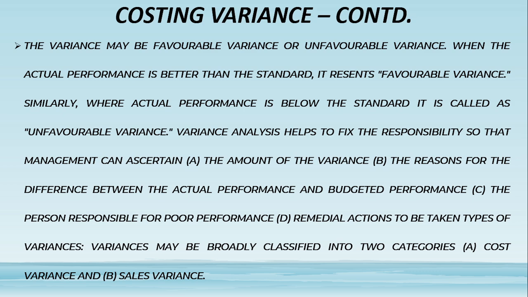Variance analysis helps to fix the responsibility so that management can ascertain: A. The amount of the variance, B. The reason for the difference between the actual performance and the budgeted performance, C. The person responsible for poor performance or the department responsible for poor performance, and D. The remedial actions to be taken.